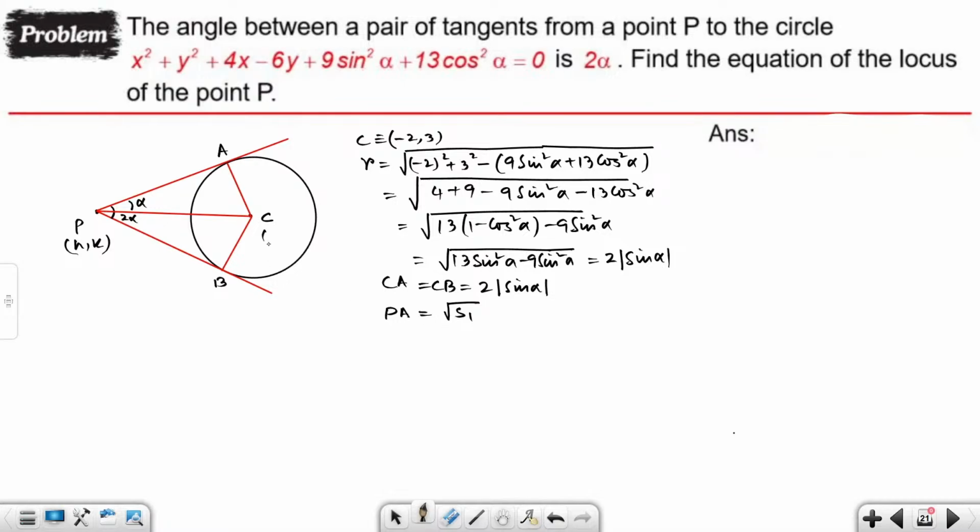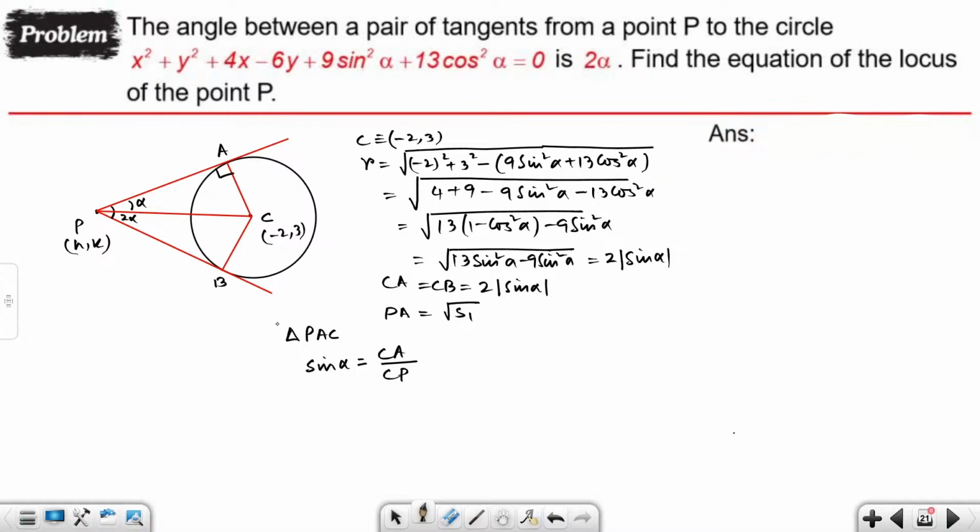The center C is minus 2 comma 3. We have to find out the locus of point P. That is, we have to find out a relation between h, k and constants. Now, if we consider the triangle PAC, then sine alpha is basically CA over CP because this angle is 90 degree.